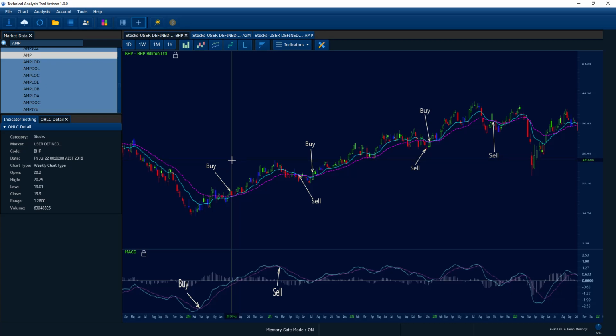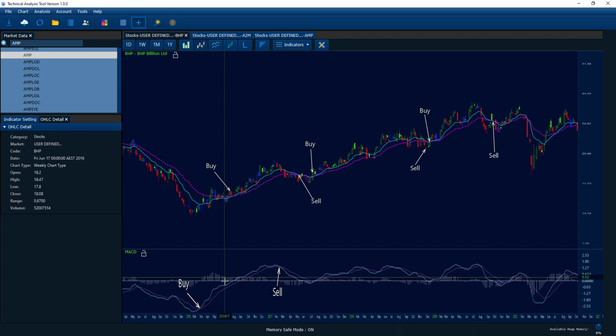When the faster and slower moving averages cluster together, the MACD line reaches zero. So instead of looking at the chart, you can basically generate the same buy and sell signals by only looking at when this blue MACD line crosses above or below the zero line.